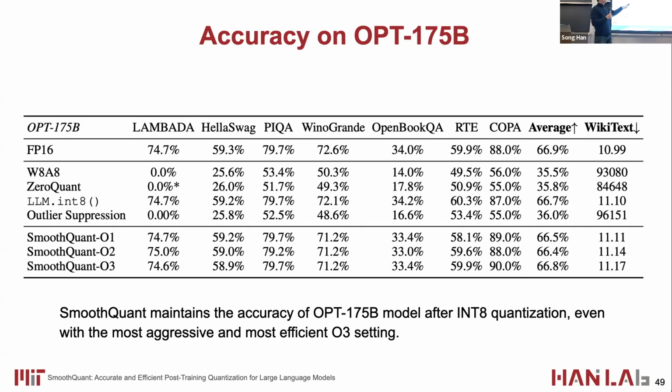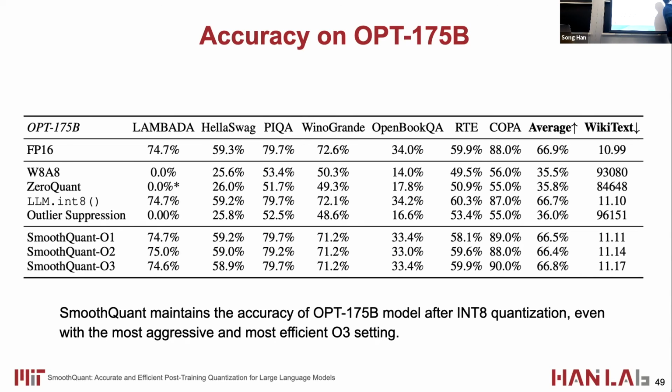But using SmoothQuant, to push the quantization difficulty from activation to weight, using O1, O2, we can pretty much fully recover the accuracy. Even using O3, the static per-tensor, the most hardware-friendly quantization method, there is only 0.1% loss of accuracy, meaning that we can, with minimum drop of accuracy, fully quantize both the weight and activation for efficient inference.